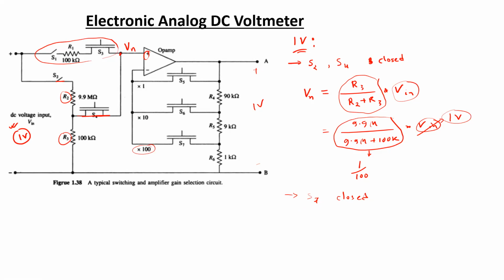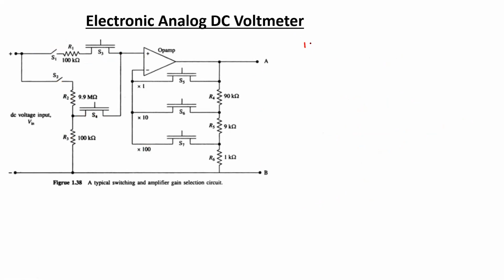Now lastly, if the 100-volt case is considered, again S2 and S4 are going to be closed in this case, and the scaling down factor of these two resistances is going to cause the 100-volt signal to be scaled down to 1 volts.